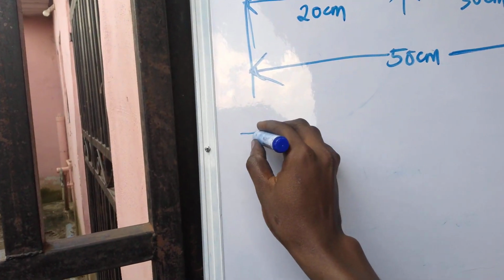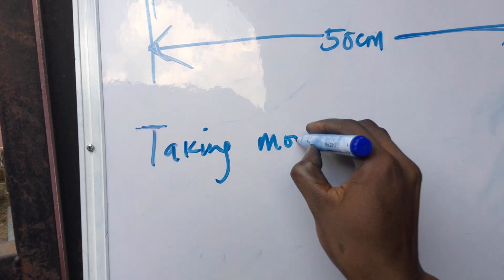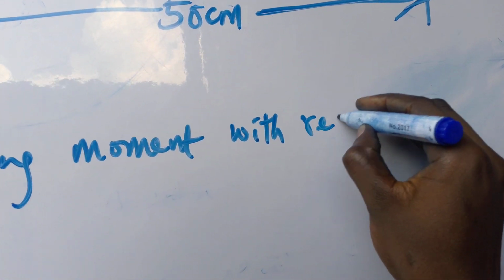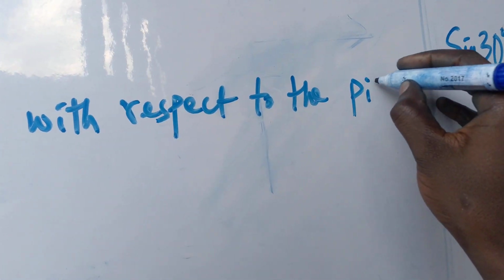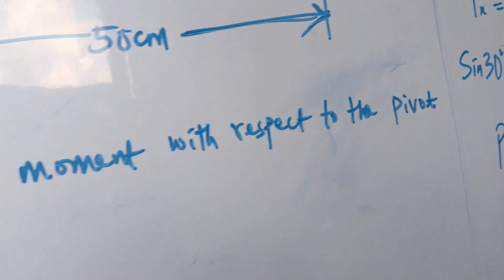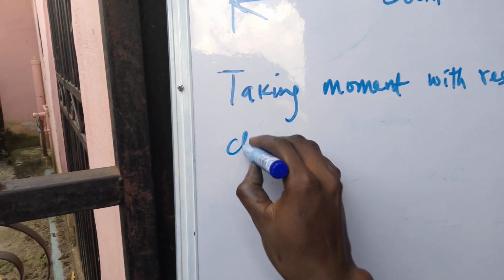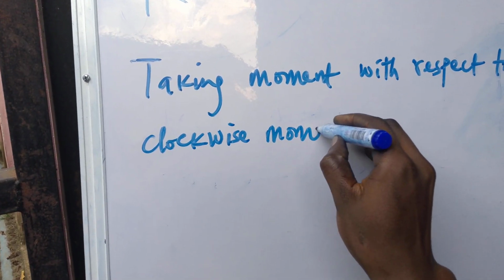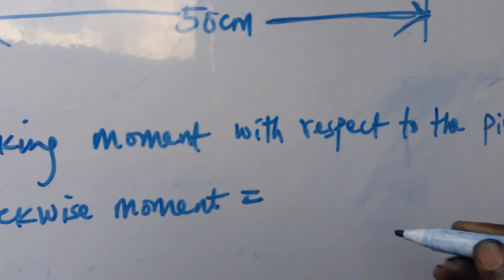So taking moments with respect to the pivot, the clockwise moment is equal to the anti-clockwise moment.